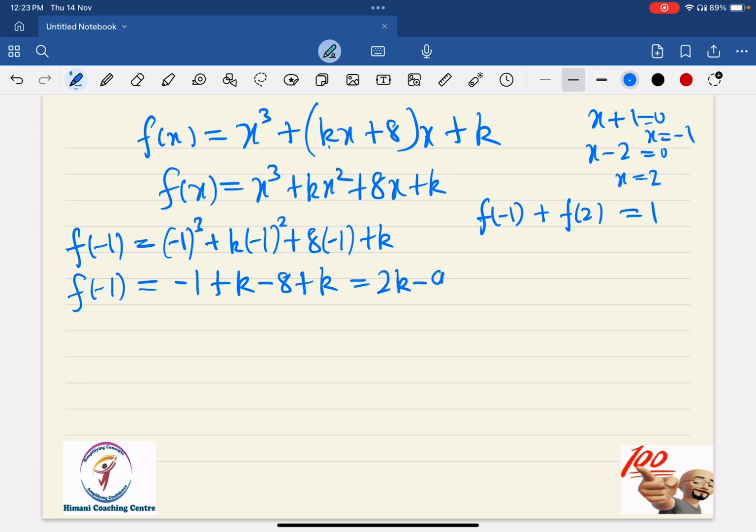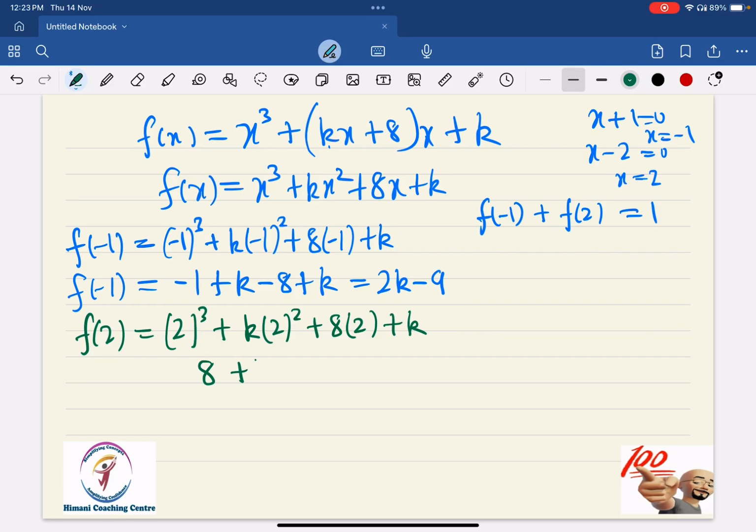So f of minus 1 we are getting as 2k minus 9. Now let us find f of 2, which would be 2 cube plus k times 2 square plus 8 times 2 plus k. Now 2 cube is 8 and plus 4k plus 16 plus k.